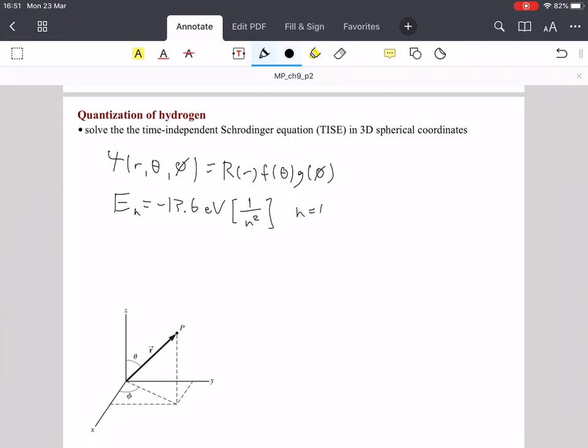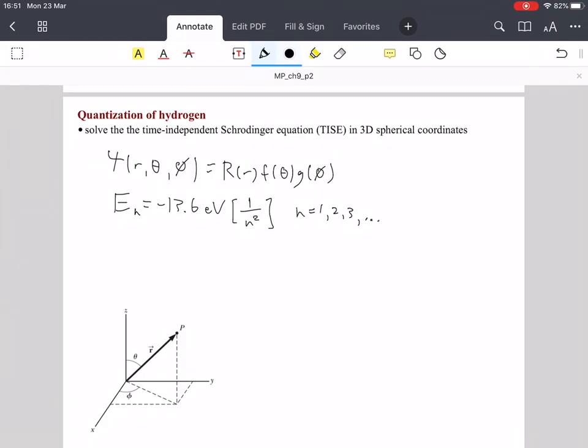So that's pretty remarkable. Remember again that n is quantized, so 1, 2, 3. And this is known as the principal quantum number n. And in the Bohr model, there was only one type of quantum number, it was only n. But we'll see that's not the case here, because we also have the F and G differential equations, and we need boundary conditions for those.